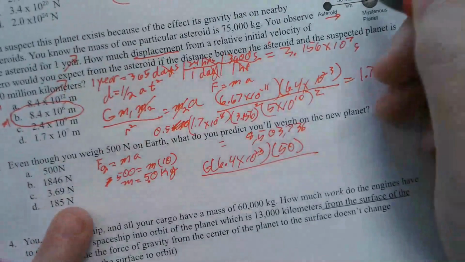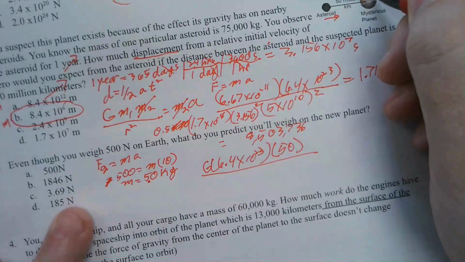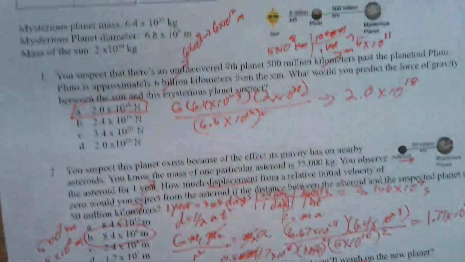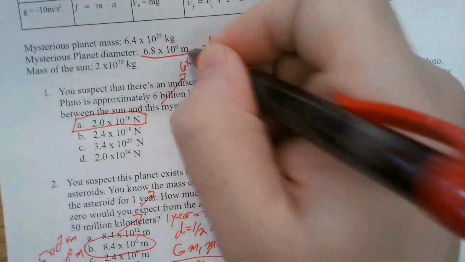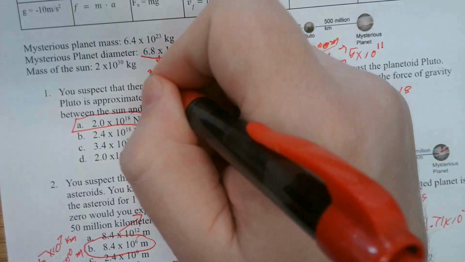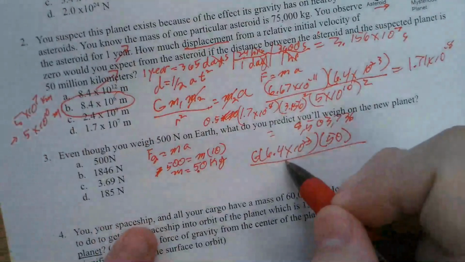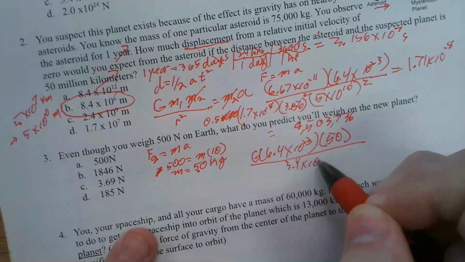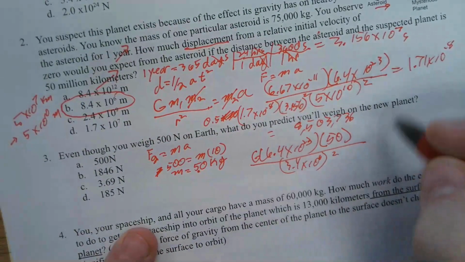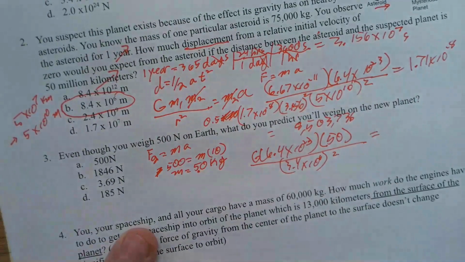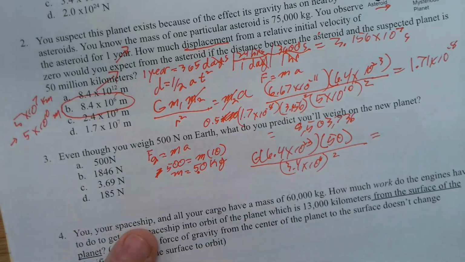So remember that it is this distance here, not the diameter, which is up here. So half this diameter is going to be 3.4 times 10 to the 6th. And all of that is squared, and that is going to give us the force of gravity, or the weight, on this new planet. So let's go ahead and put that in.